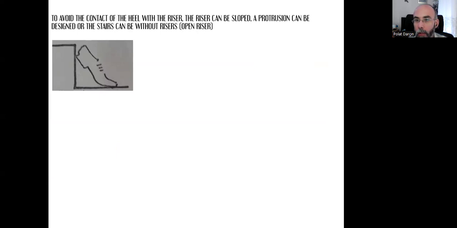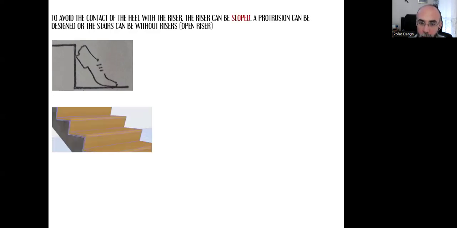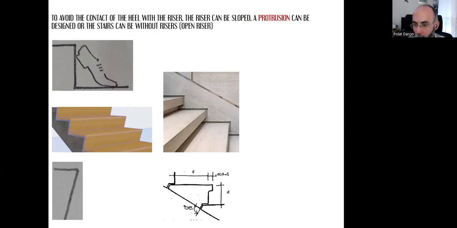We can either design a riser with a sloped surface, or we can create something that we call protrusion, or we can have stairs with open risers without any risers. The sloped surface can look like that. With this inclined surface, we can create a space for our heel to move easily. And protrusion is something like that.